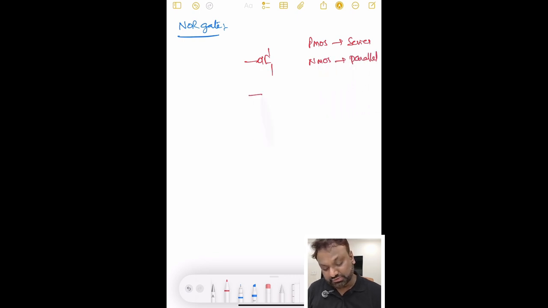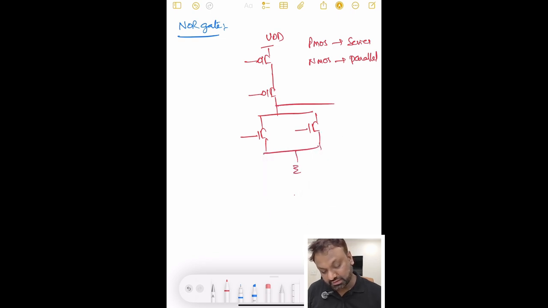Carefully observe here, this is VDD for the series connection of PMOS transistors, and the parallel connection of NMOS transistors, you can see here, right. So the connections go like this. This I can give to ground, and this is my V out. My inputs are A and B.